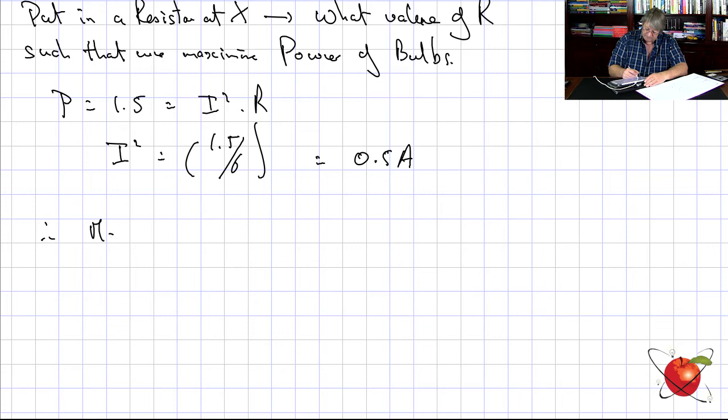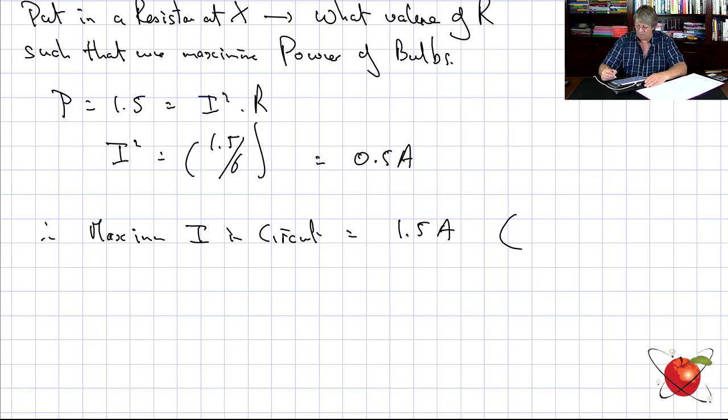So what do I have to do? Therefore, what have they said to me? They have said, okay, therefore, the maximum I in the circuit is going to be equal to 1.5 amps. Why? 3 times 0.5, because 0.5 is going through each bulb. Therefore, the maximum is going to be 1.5 amps.